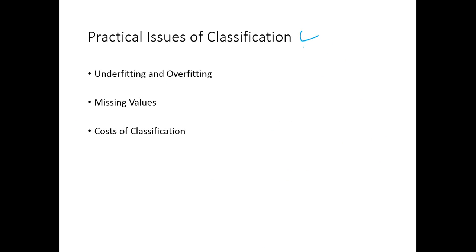Practical uses of classification. There are a few things that you need to take into consideration while building a decision tree. You should understand whether the decision tree model is underfitting or overfitting. These are technical jargons you need to understand. What is underfitting, overfitting? They are not difficult things; they are easy to understand.